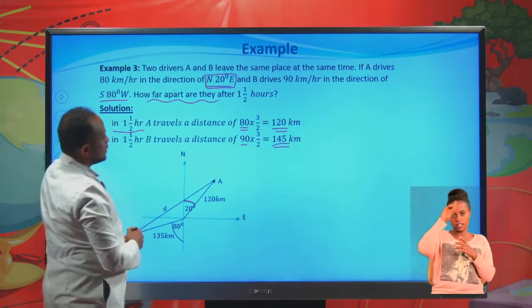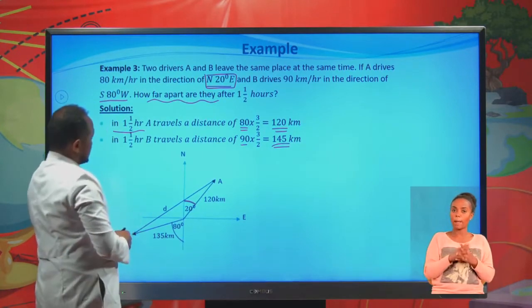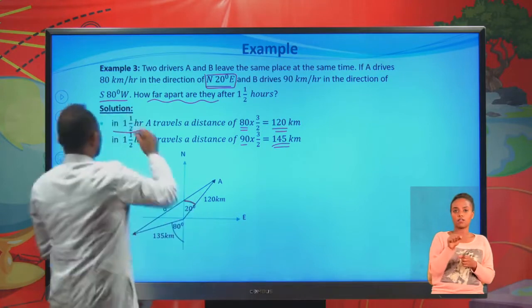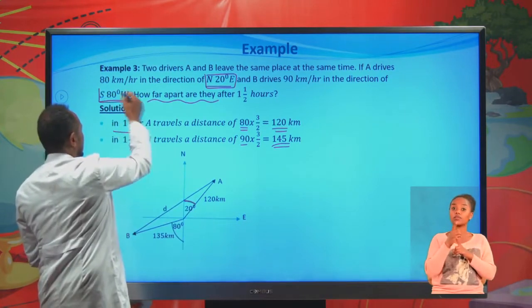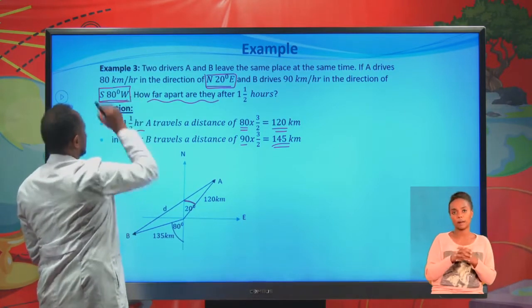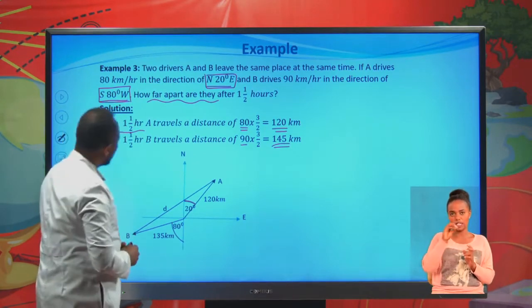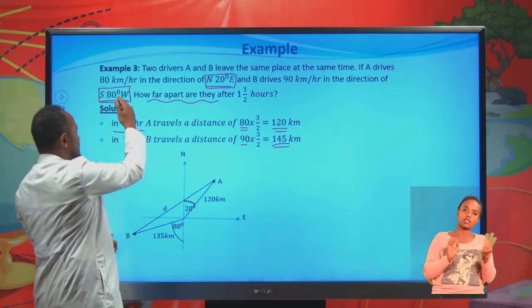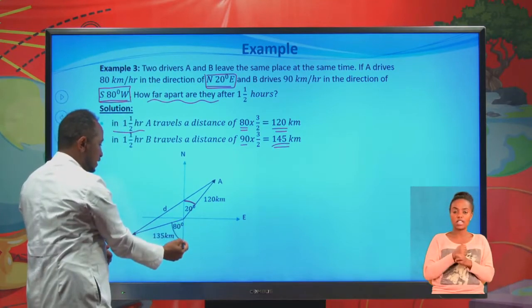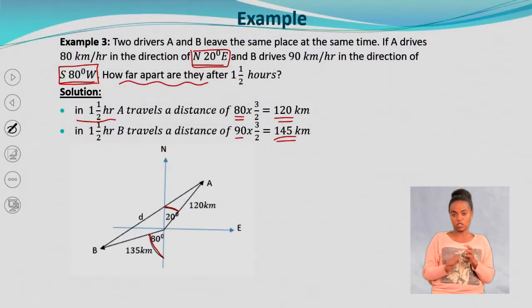Again, B drives in which direction? South 80 degrees west. So southwest, you measure the angle from south to west. This degree is how much? It is 80 degrees. So this is the path that driver B moves.